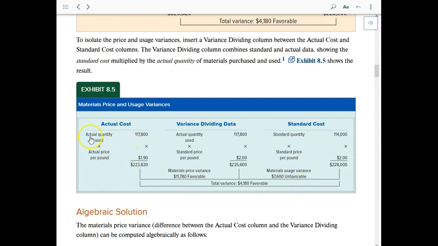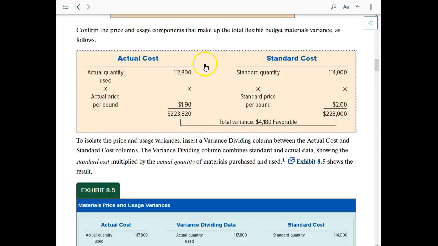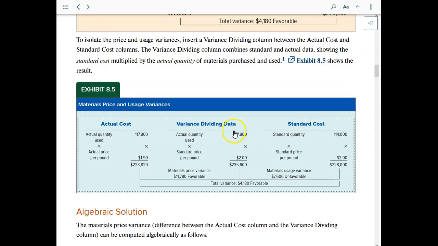Actual quantity used, actual price per pound, multiply. We saw that number right here. We have a new column here though. This is the actual quantity used, same number, but the standard price we should have paid for that, the $2. So the only difference between this column and this column will be the price used. That's why this is the materials price variance.